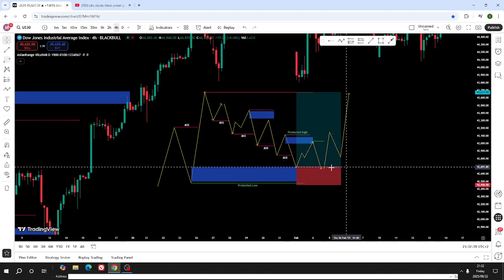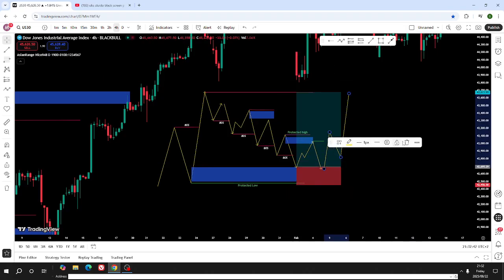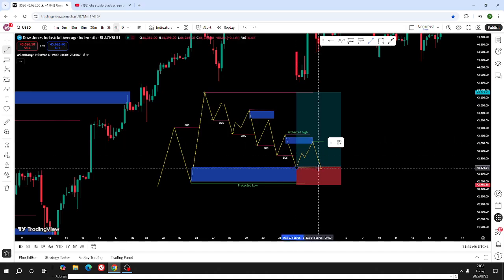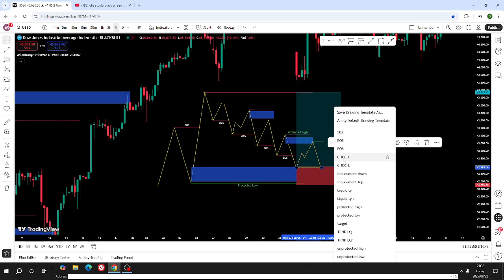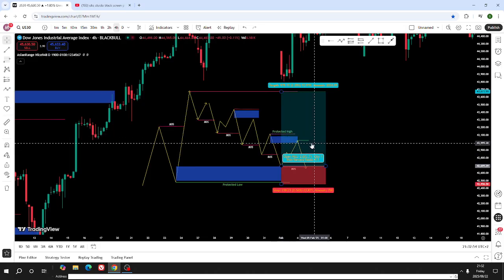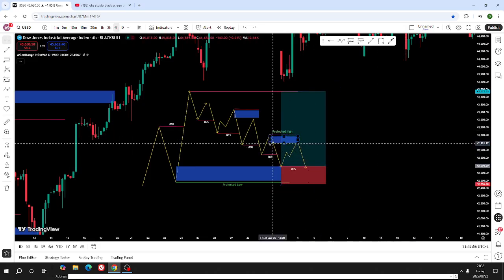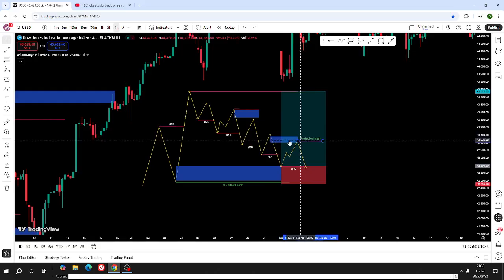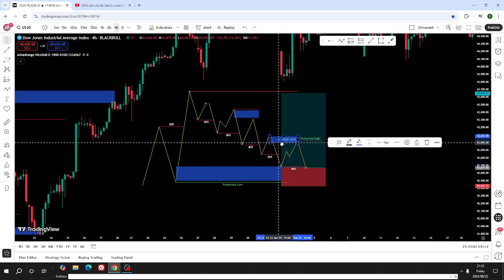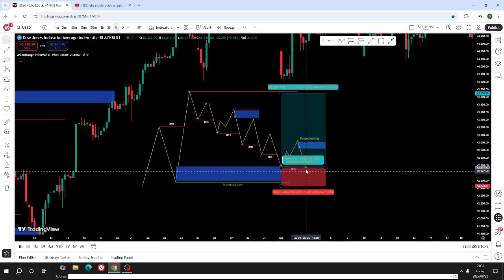So now what if this low is not swept? What happens if that low is not swept? If this low is taken out as a break of structure, now this protected high will shift to become right over here, and this also will shift to come right over here, right?